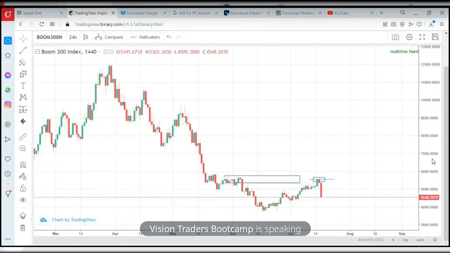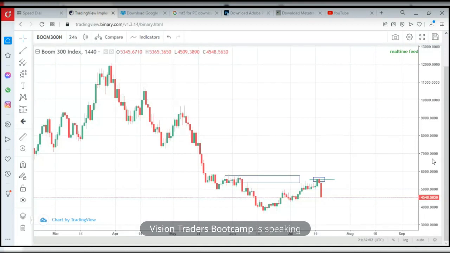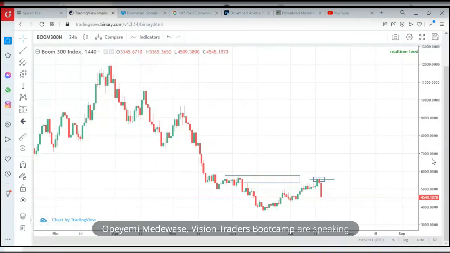You're already bleeding. Now, if you are patient enough to wait for that perfect setup, because you know that in a bullish market there will definitely be a retracement, a retracement to what? To the valid point of interest, which is the higher low.